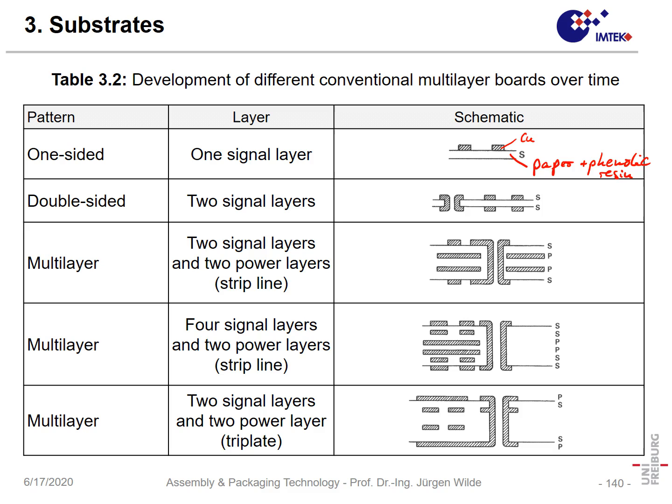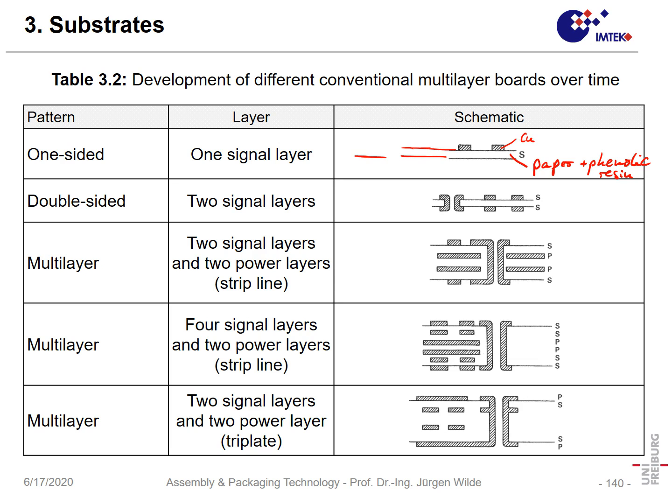That was a very cheap material we sometimes still find, for instance, in electronics for washing machines or so, which must be extremely low cost. On the other hand, we found that often it is not sufficient to have only one layer, so people invented the two-layer structure.